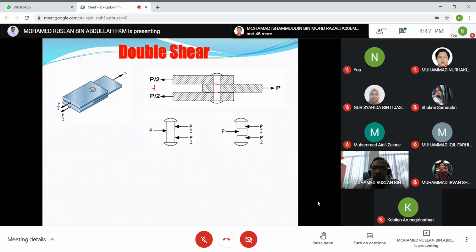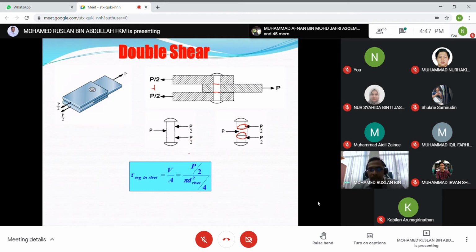This double shear has shear lines at this point and this point. The formula is the same: tau equals V over A, but in this case V equals half P, because this is a double shear. The area is the same, pi d squared divided by 4.